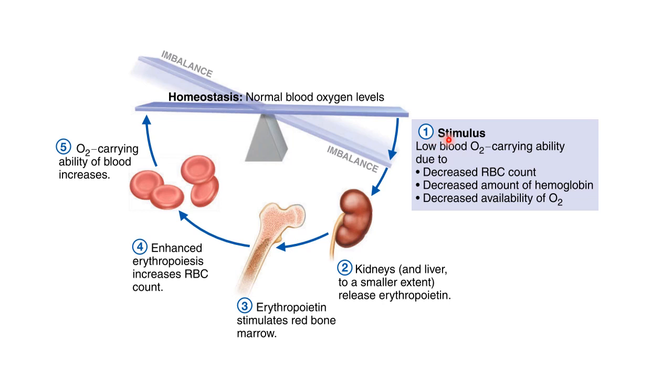The low blood oxygen can be a result of a decreased number of red blood cells. It can be the result of decreased amount of hemoglobin, which means the number of red blood cells in the blood remains normal, but inside each red blood cell, the hemoglobin goes down.